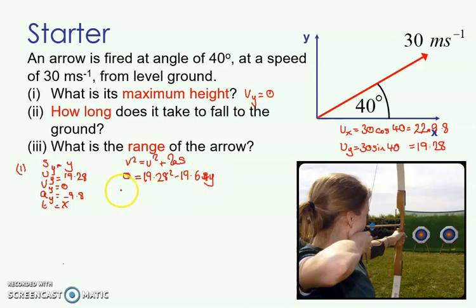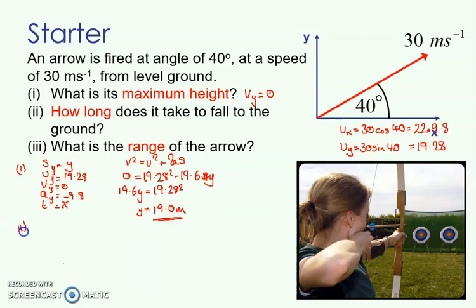So 19.6y equals 19.28 squared. If I do that square and divide by 19.6, what do I get? 19.28 squared divided by 19.6, I get 18.9. Well, 19 meters if I round to 3 significant figures.